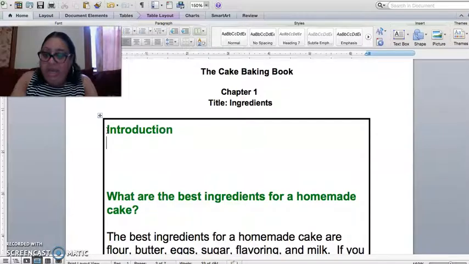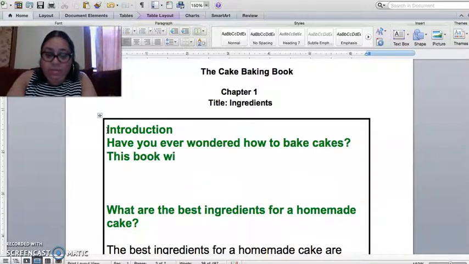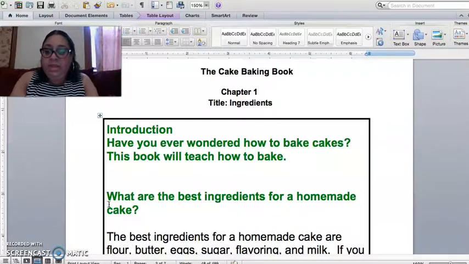So underneath, I'll start typing my introduction. Have you ever wondered how to bake cakes? This book will teach you that. There's my introduction.